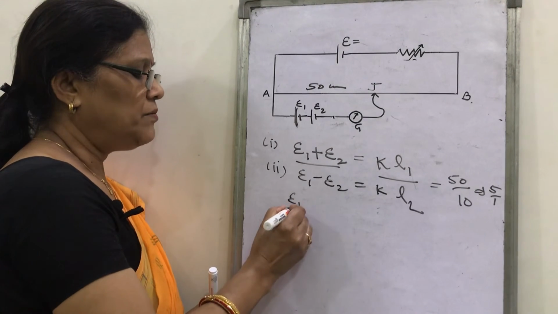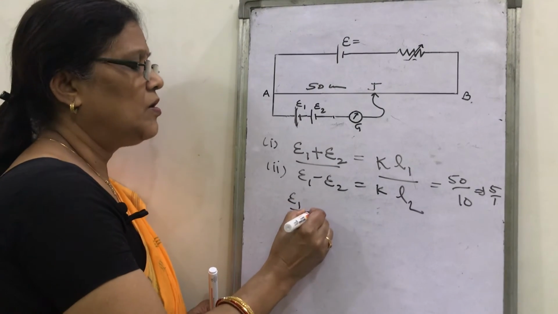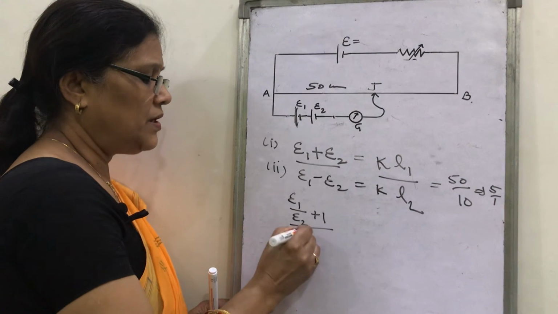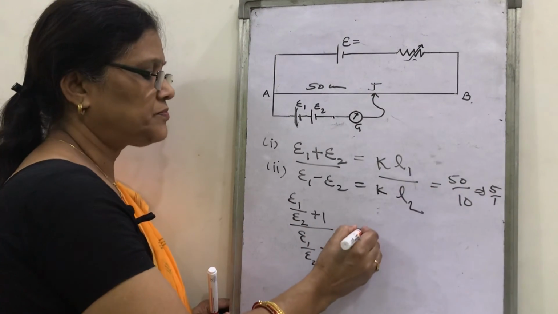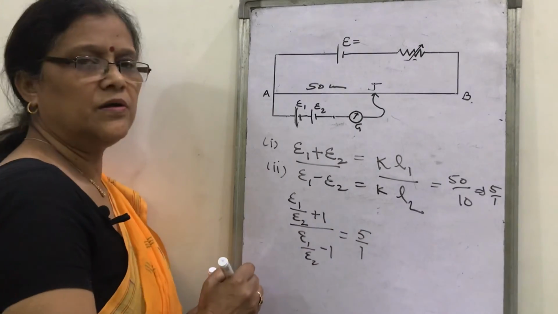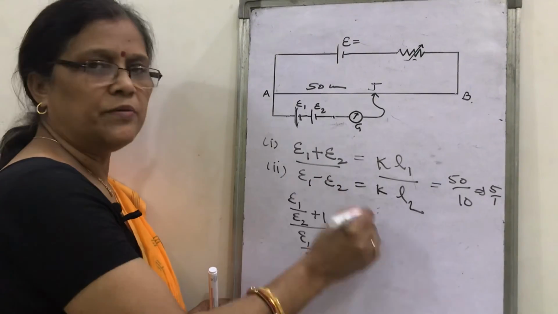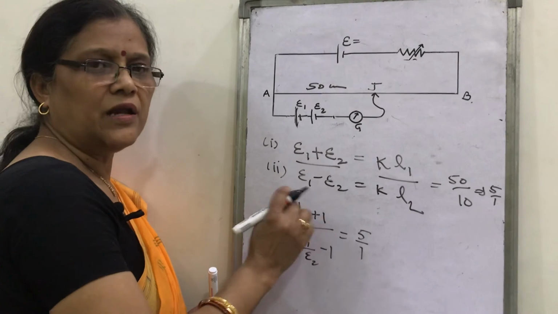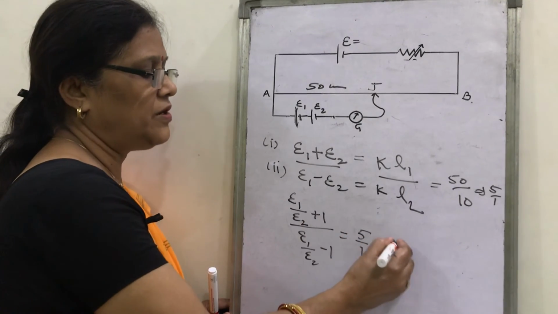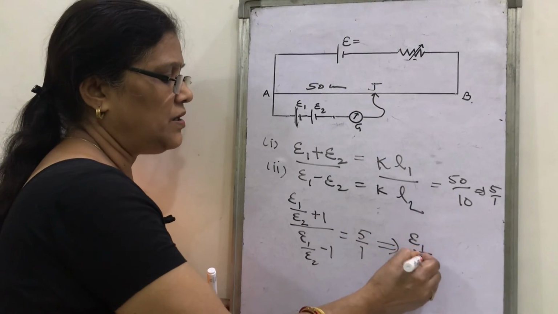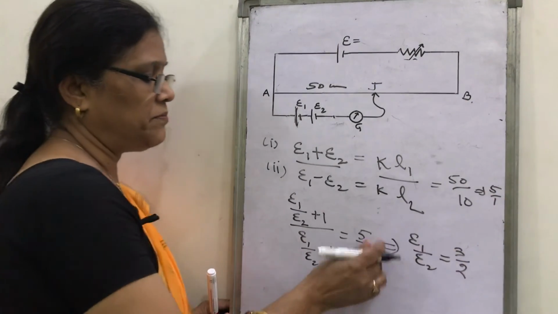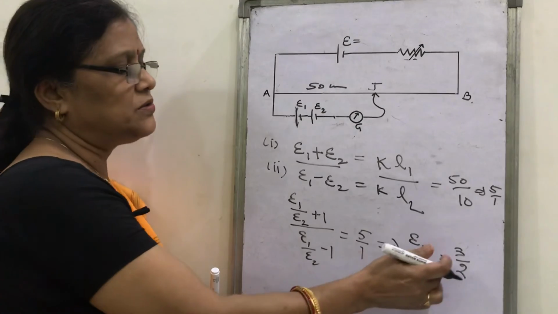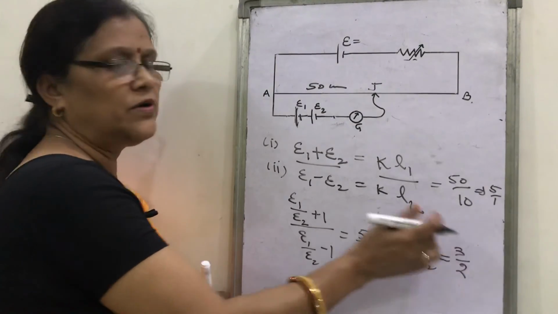So (E1 by E2 plus 1) upon (E1 by E2 minus 1) equals 5 by 1. You can calculate from this, and you will get E1 by E2 equals (5 plus 1) upon (5 minus 1), so it will be 6 by 4, or 3:2.